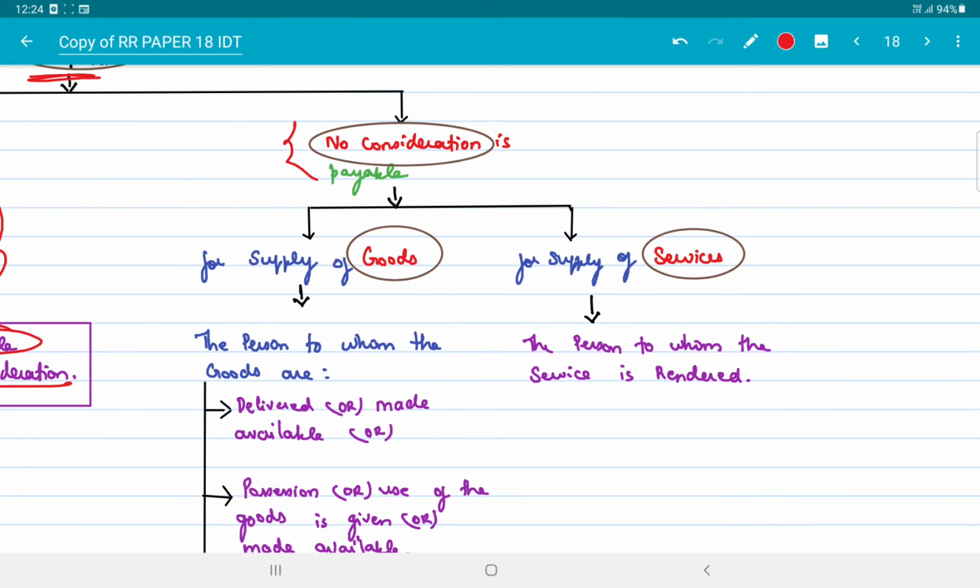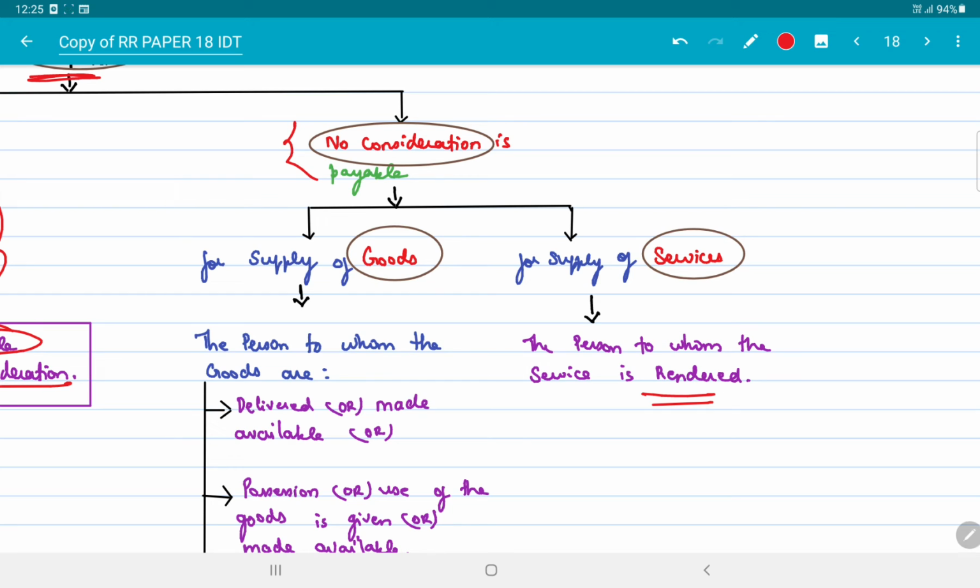So what about no consideration payable? See, there are few cases where there is a supply of goods or services but consideration is not payable. So who will be treated as a recipient? See, if there is a supply of services, the person to whom service is rendered, he is the recipient.